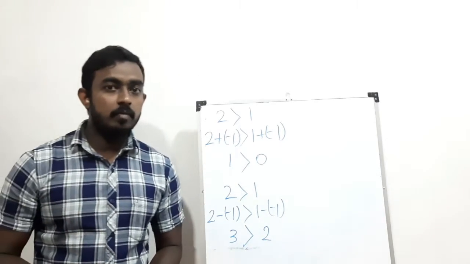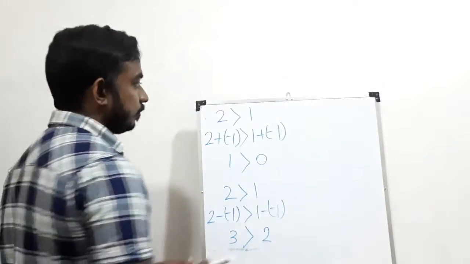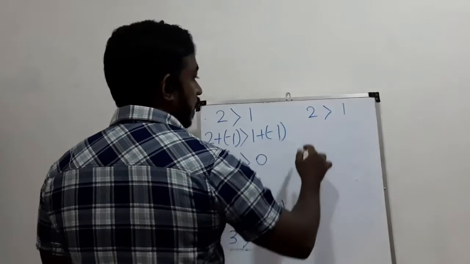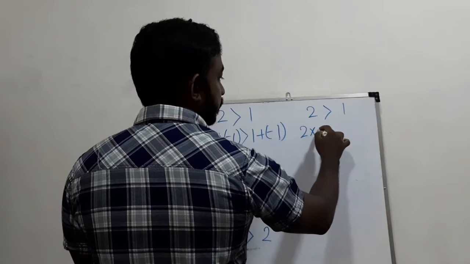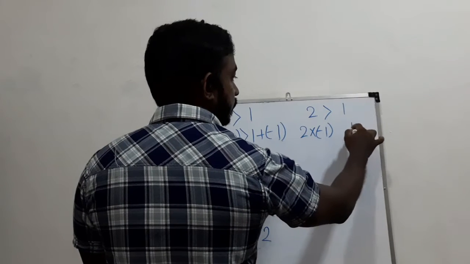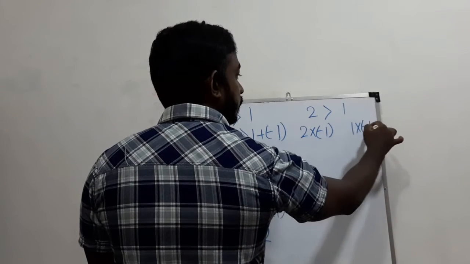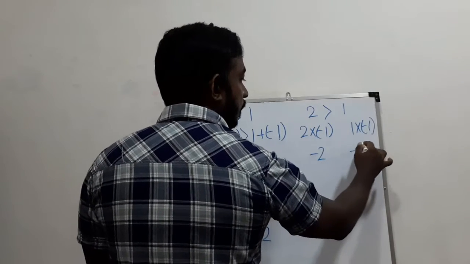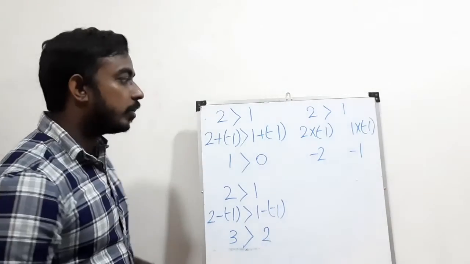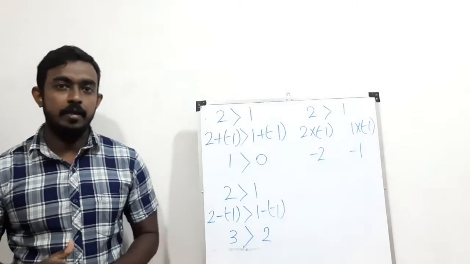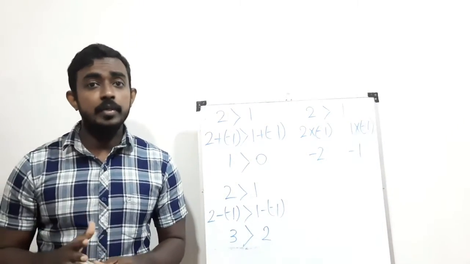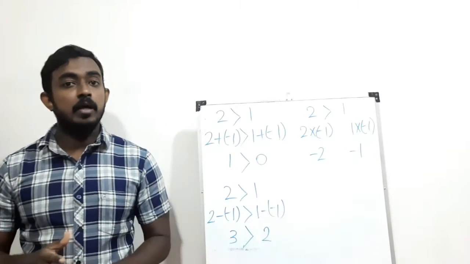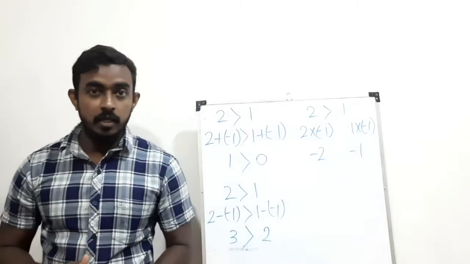Okay, let us see when we multiply what would happen. Then we can write 2 is greater than 1, and I'm going to multiply both sides by minus 1. Now it will be minus 2 and minus 1. Now if you do remember about the number line, my dear children, when we move to the left side of a number line, there will be lesser values.